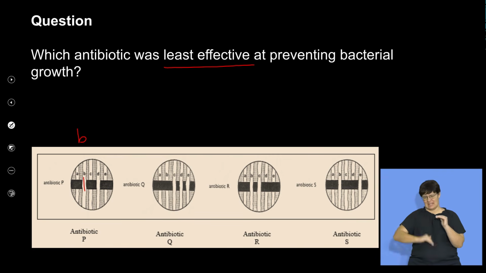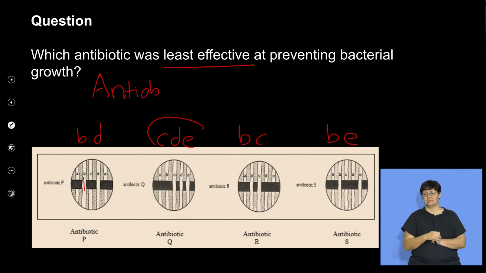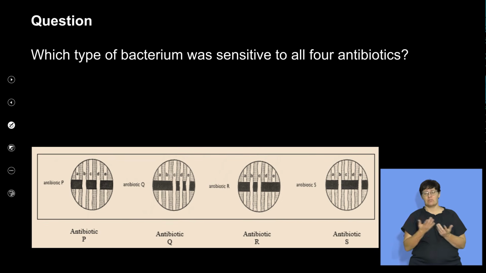Here we had B and D, C, D, and E, B and C, and B and E. If you have a look here, this one had 1, 2, this one 1, 2, this one 1, 2, but this one had 3 bacterial growths. So which one was it? Antibiotic letter Q. It let 3 go.